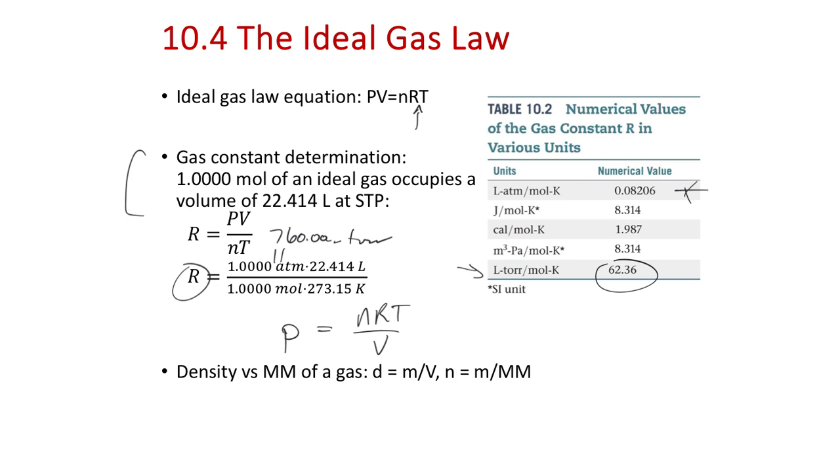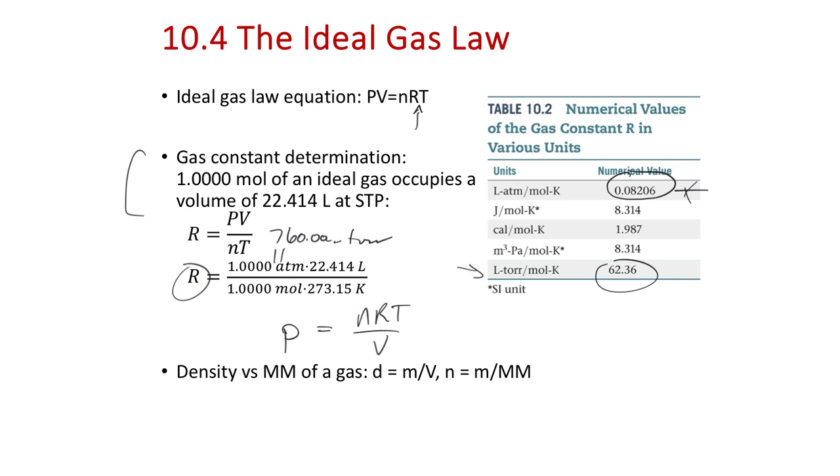If I want the pressure in torr, I would probably just use the 0.08206 value, get the pressure in atm, and then convert the pressure to torr afterwards. So this is pretty much the one value I'm going to use for almost every problem until we get to a point where we're trying to calculate velocities in a couple of sections from now.